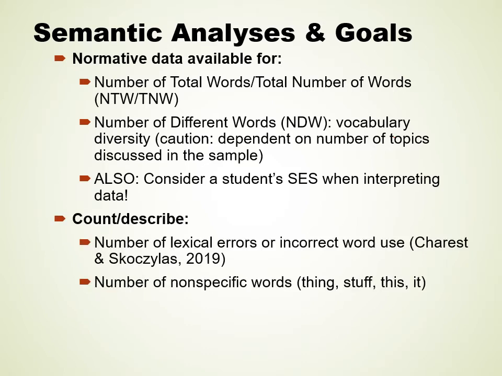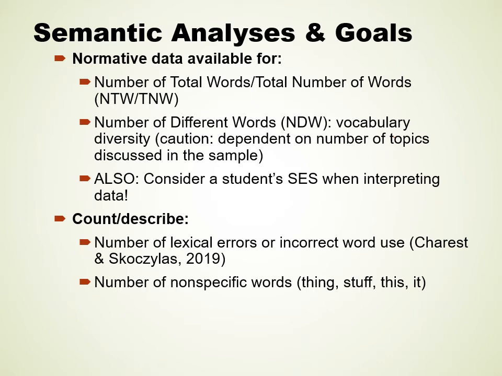One other way to document semantic deficits that's gotten recent attention in the literature is to count or describe the number of lexical errors, which is really just incorrect word use. For example, I had a student in my lab who recently referred to himself as the medium child when he really meant that he was the middle child. You can also look at the number of non-specific words such as thing, stuff, this, and it.